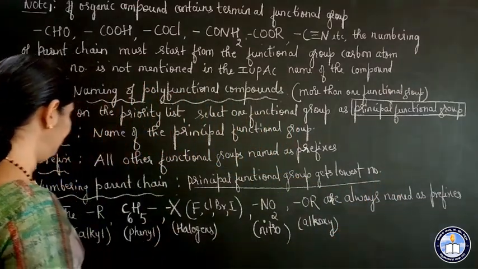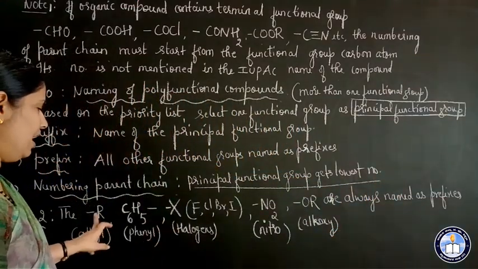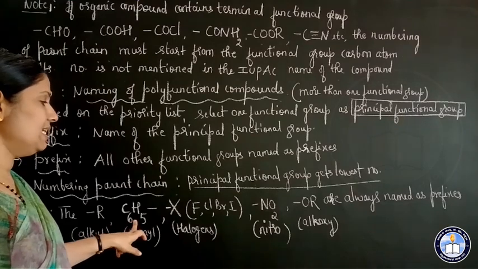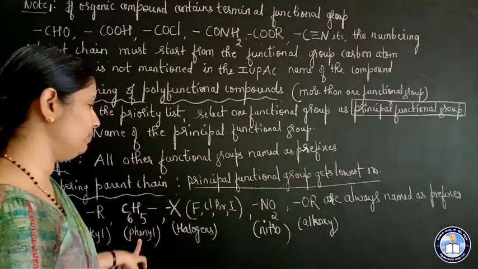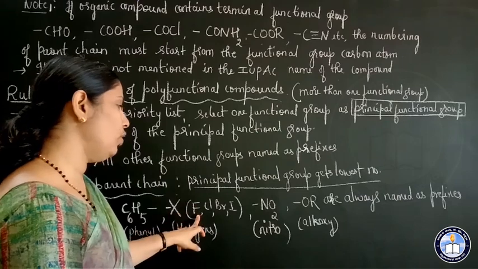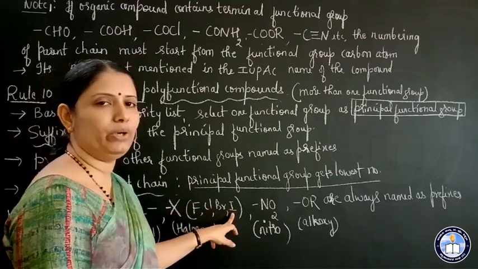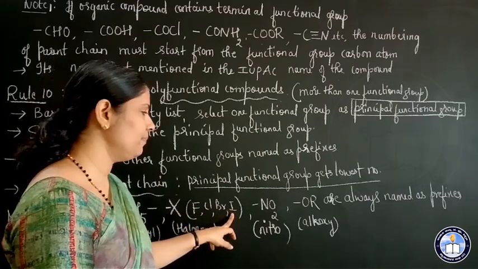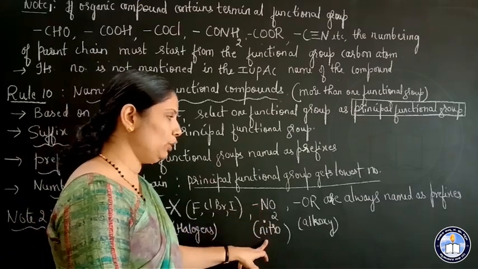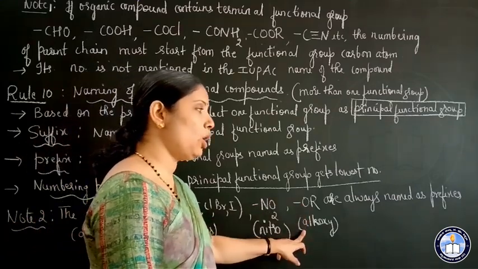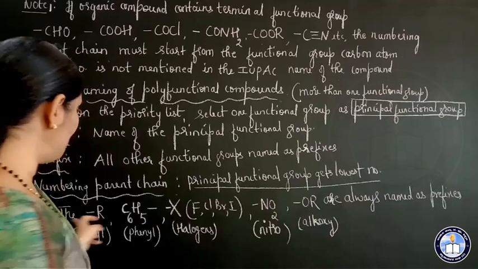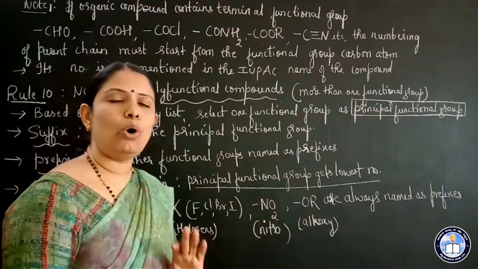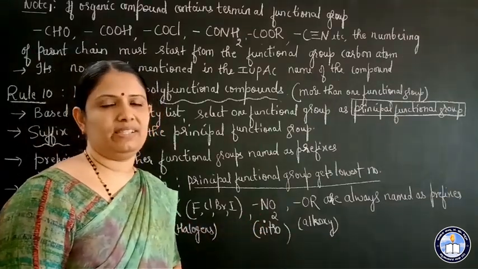Now here I have kept a note for you. R is an alkyl group, C6H5 is the phenyl group, halogens are fluorine, chlorine, bromine, iodine, right? NO2 is the nitro group, OR is the alkoxy group. Now these groups which I have written are always named as prefixes.